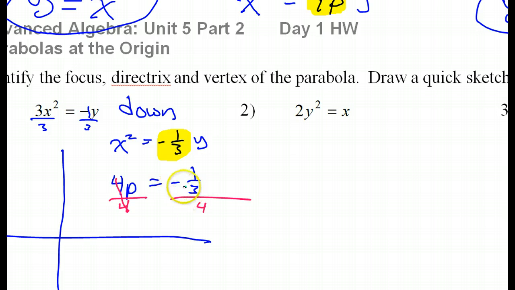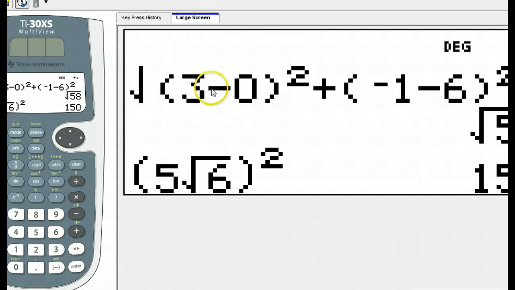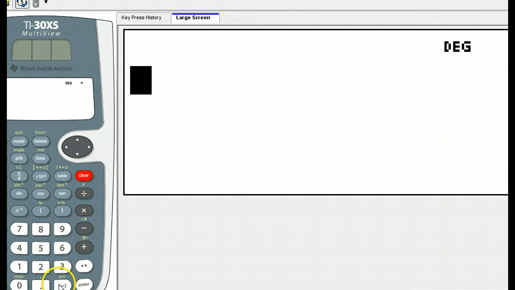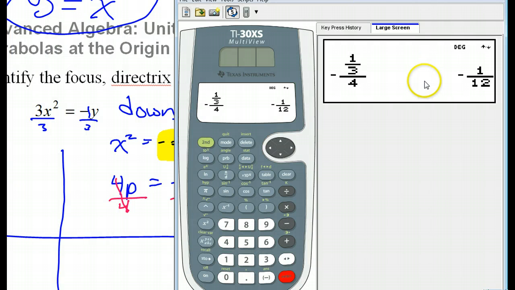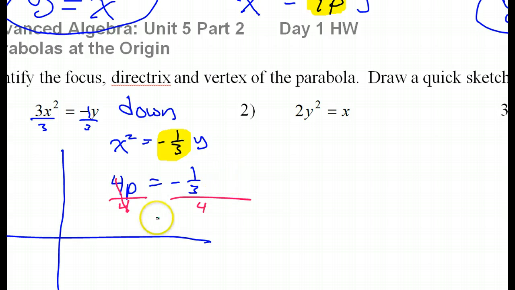Now, if I do negative 1/3 divided by 4, or however you want to do it, I'm going to get negative 1/12. So what's happening is that 4 is really just multiplying the denominator. So it's going to be negative 1/12. Okay, so that's my p value. So p is negative 1/12.